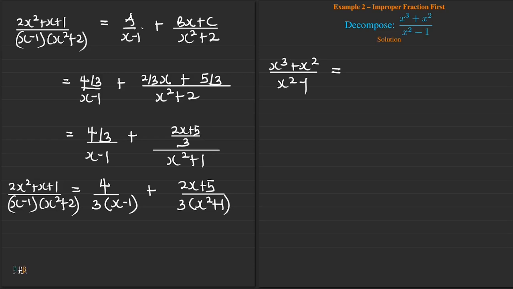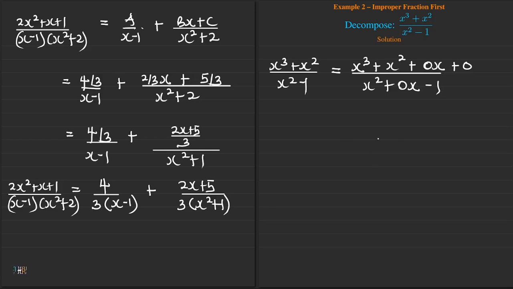So we'll rewrite it as x cubed plus x squared plus 0x, all over x squared plus 0x minus 1. You can choose to add 0 here. That is fine. We do this so that you would have placeholders for all the terms in the general formula.